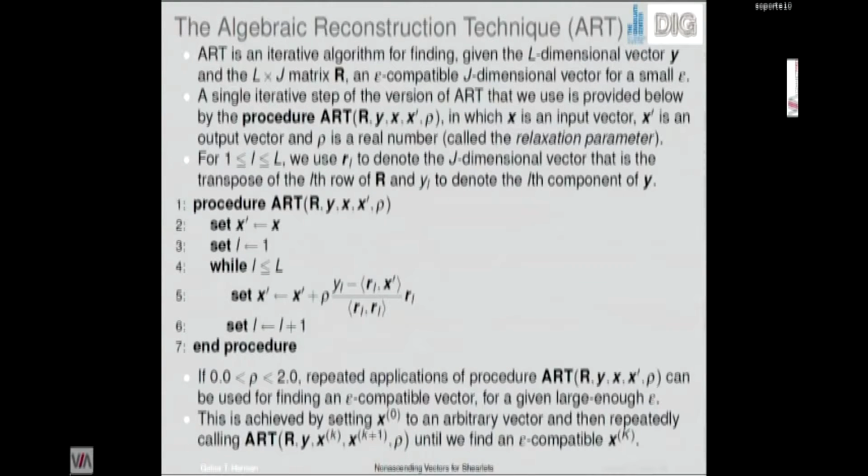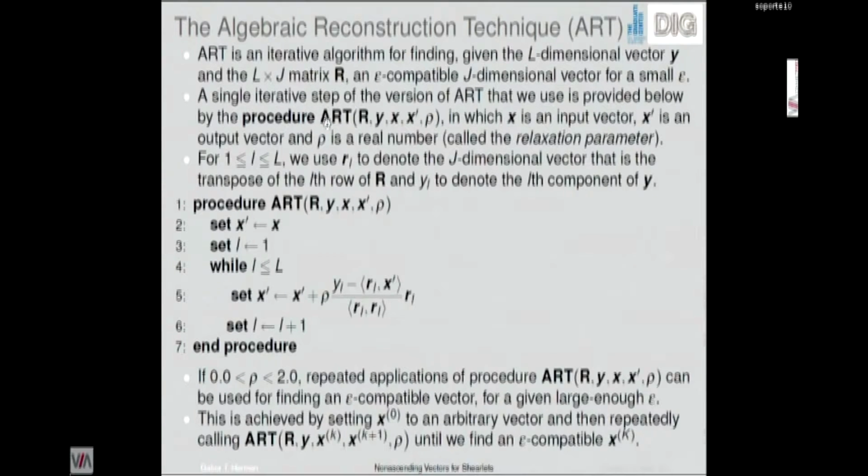Okay, so I claim that it's easy to produce an algorithm for feasibility. So let me just tell you about such an algorithm. This one is called the algebraic reconstruction technique, or ART. ART is an iterative procedure.